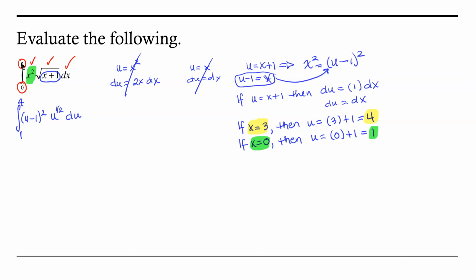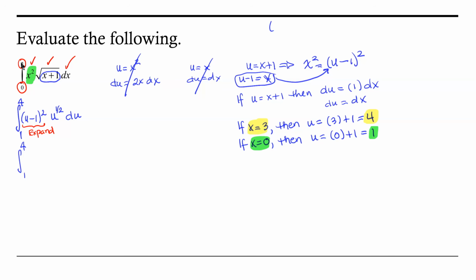And so I have a new integral entirely in terms of the variable u that we can start evaluating. Now, the first thing I notice about my new integral is I have this u minus 1 squared. So we're going to need to expand or multiply that out. So that's going to become the integral from 1 to 4.